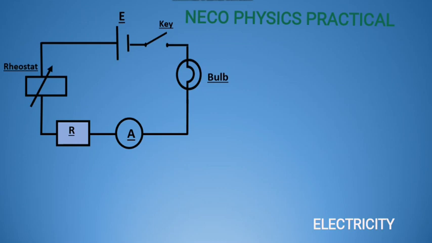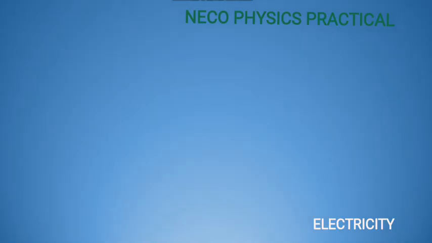Now let's take a look at the physical connection of this circuit before we go on to manipulate the values. So I have my battery. The battery could be a single 2-volt lead accumulator, or two 1.5 volt dry cells combined, making 3 volts.